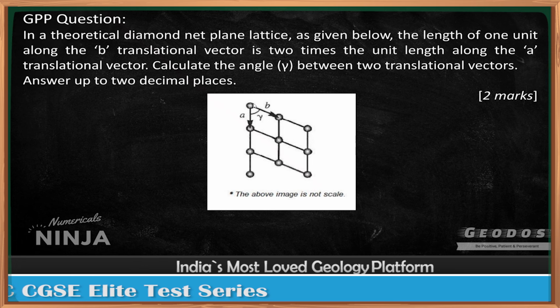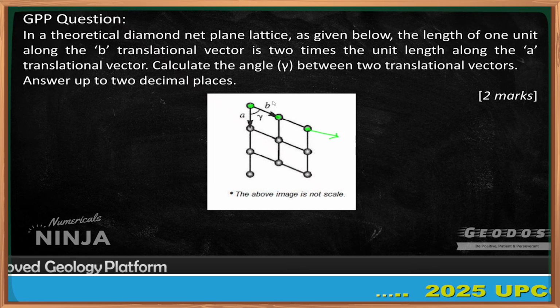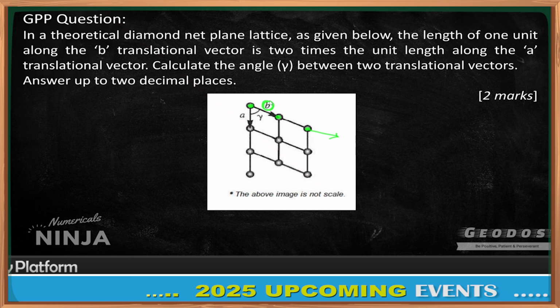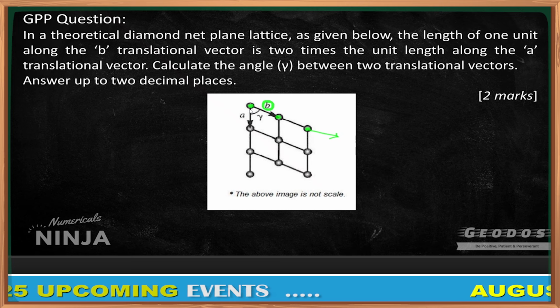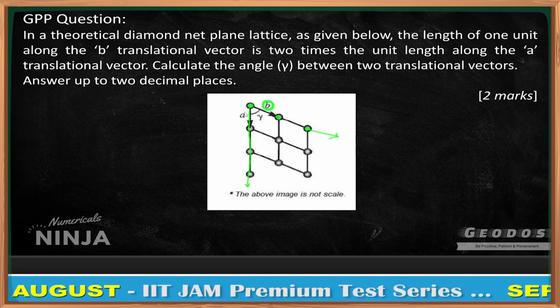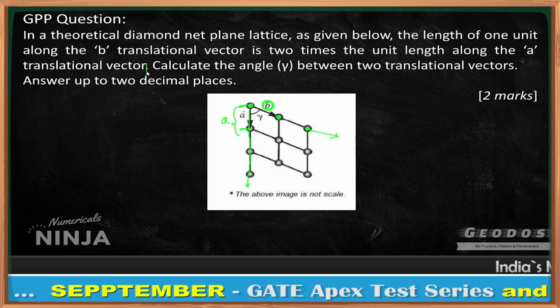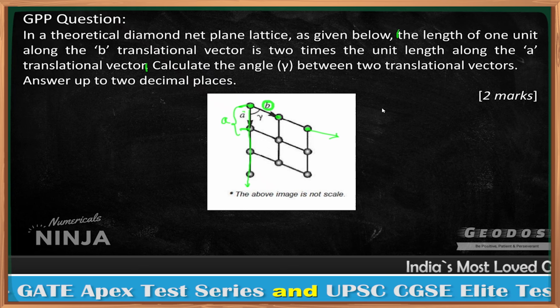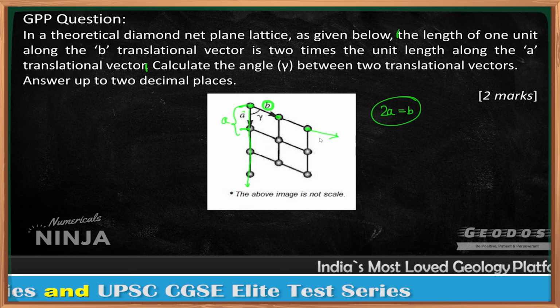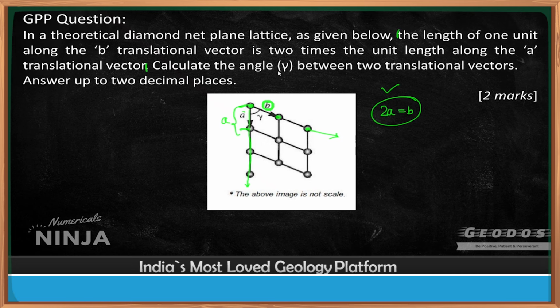In these cases, the length of one unit along the B translational direction, मतलब ये वाला डायरेक्शन, B केसेस में, ठीक है, it is written here, it is 2 times the unit length along the A. So this is the direction, translational vector of the A. Is it clear? इनके बीच में जो डिस्टेंस है वो क्या है, a. तो ये बोल रहा है कि 2a is equal to b.